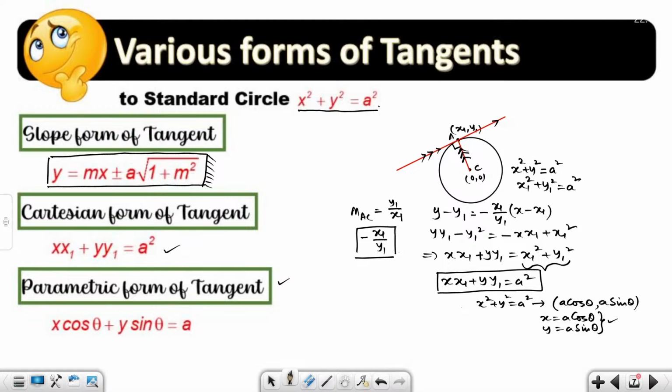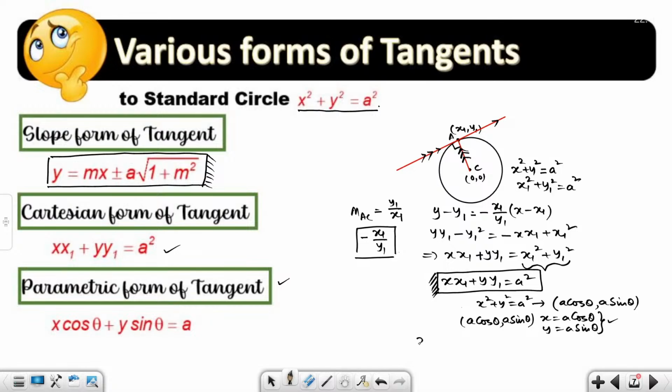So instead of saying (x1, y1) is any point on the circle, we can say any point on the circle be (a cos theta, a sin theta). So in that case, what will this equation be transformed to?